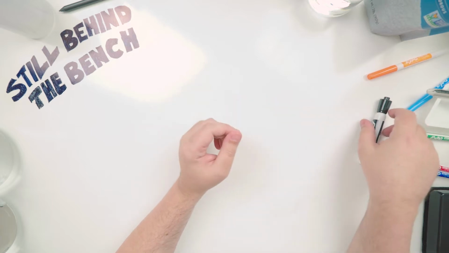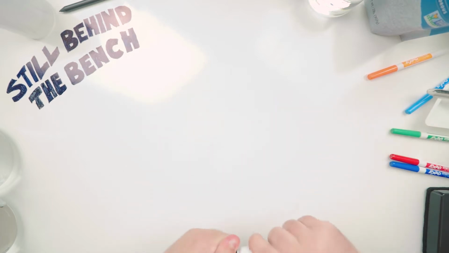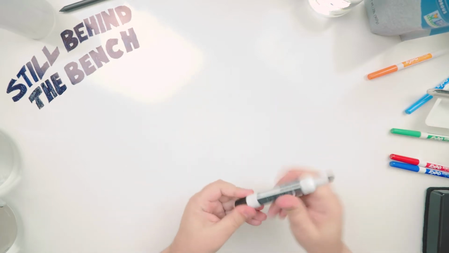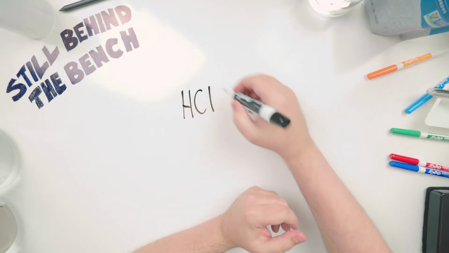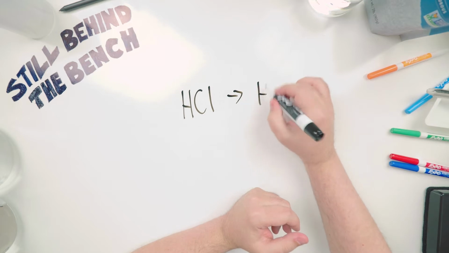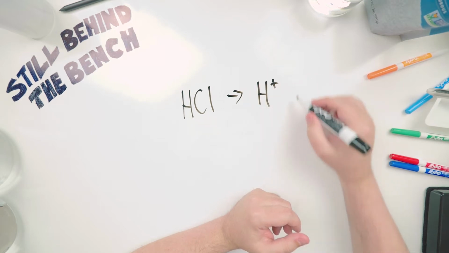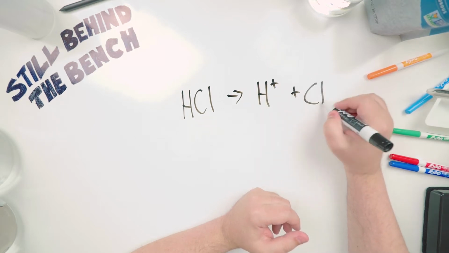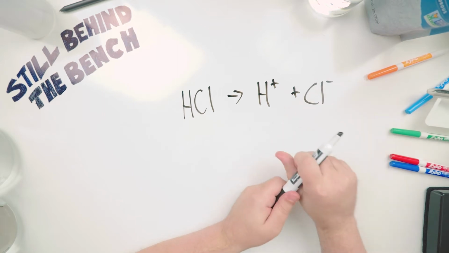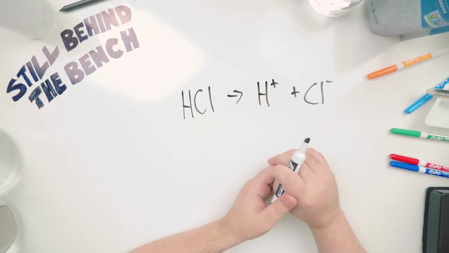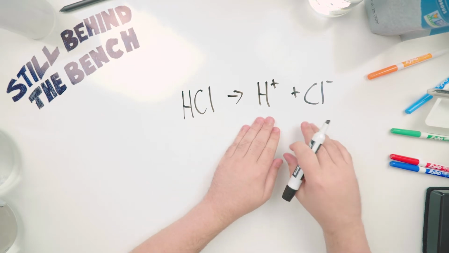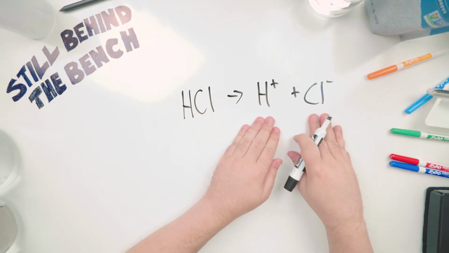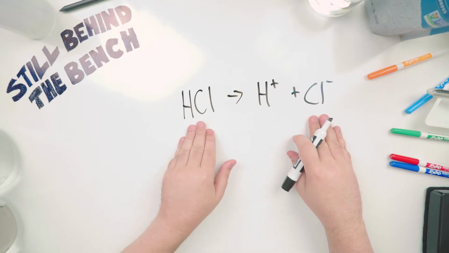So a strong acid is a compound that, when put in water, completely dissociates. So every molecule of hydrochloric acid, HCl, will dissociate into a hydrogen ion and a chloride ion. So if you put 1 mole of hydrochloric acid into water, you'll have 1 mole of hydrogen ions and 1 mole of chloride ions, since they're in equal proportions in the hydrochloric acid molecule.